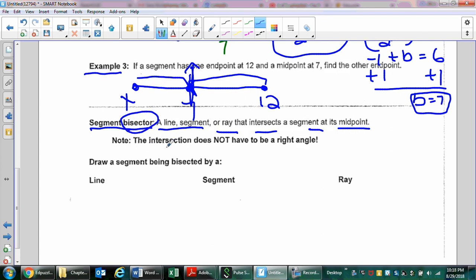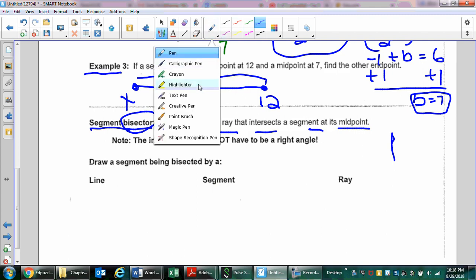The intersection does not have to be a right angle. When it's bisecting, you don't necessarily need to be perpendicular to it.